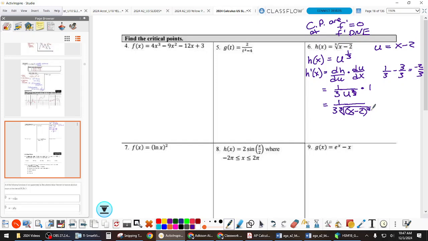All right, so there's our derivative. We're looking for where it equals 0 or where it doesn't exist. So if x is 2, this becomes 0, and we're squaring 0 and taking the cube root of 0, and the whole thing is 0 in the denominator. So it doesn't exist there, right? Yeah.